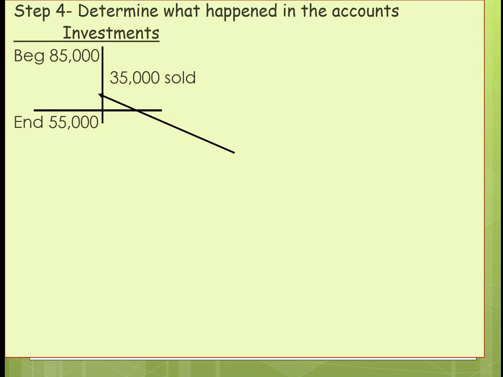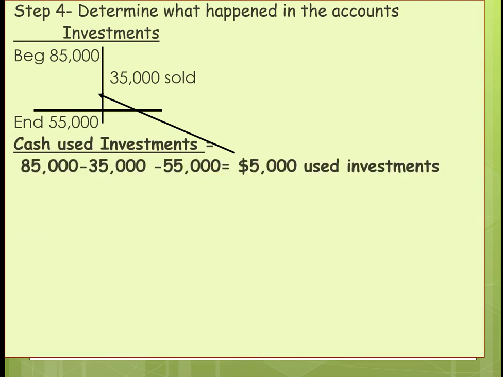For my investment account, I had a beginning balance of 85. I sold investments of 35, and I had an ending balance of 55. So 85 minus 35 minus 55 tells me 5,000 was used for investments.